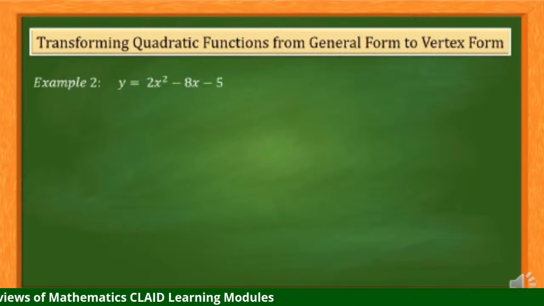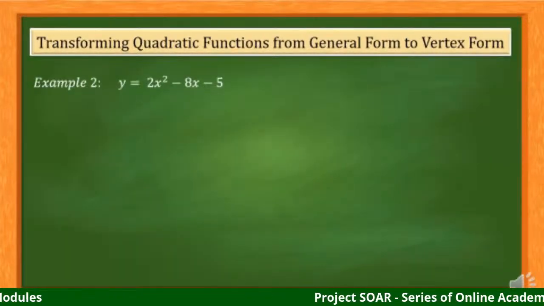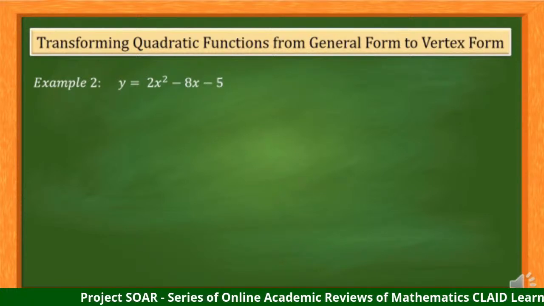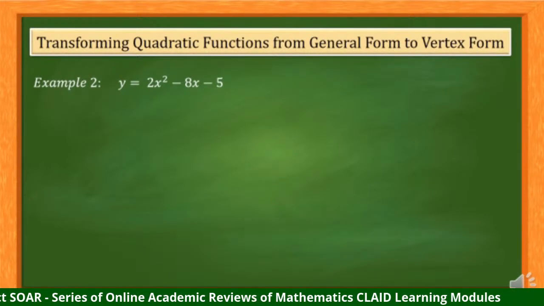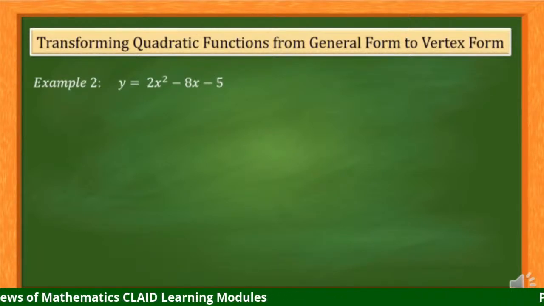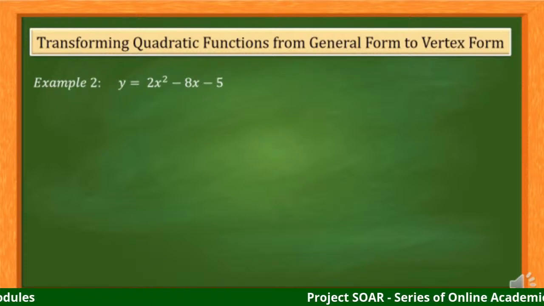For example number 2, we have y is equal to 2x squared minus 8x minus 5. So, unang step ulit na gagawin natin is igugrupo natin yung terms na may variable. Ibig sabihin yung 2x squared at negative 8x, ilalagay natin siya sa loob ng parentheses.